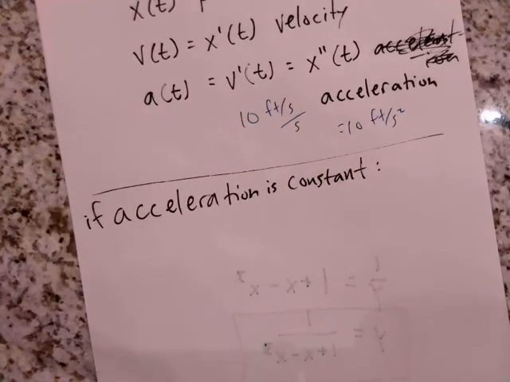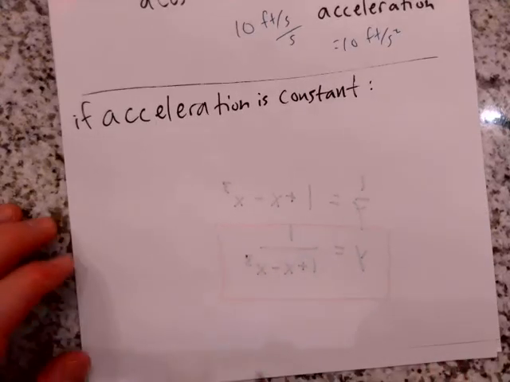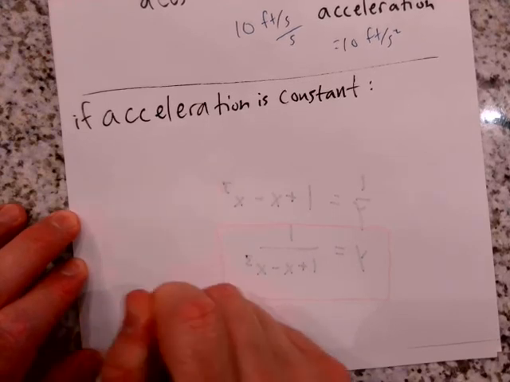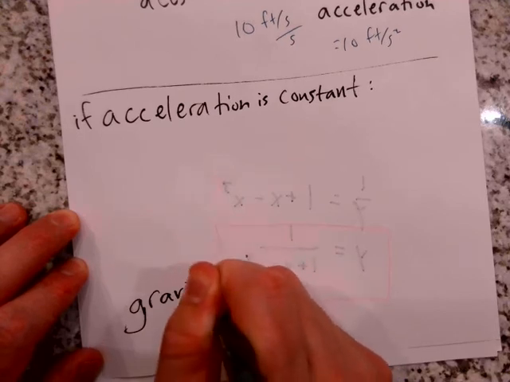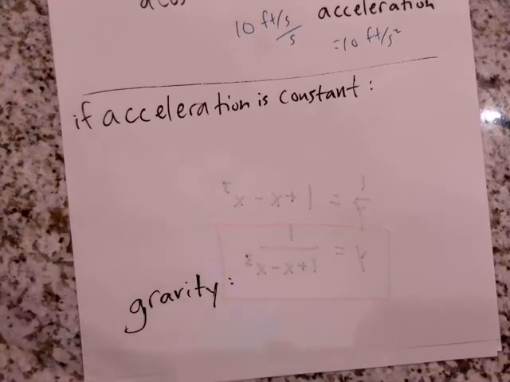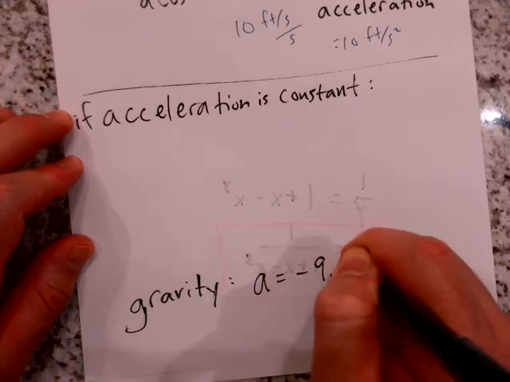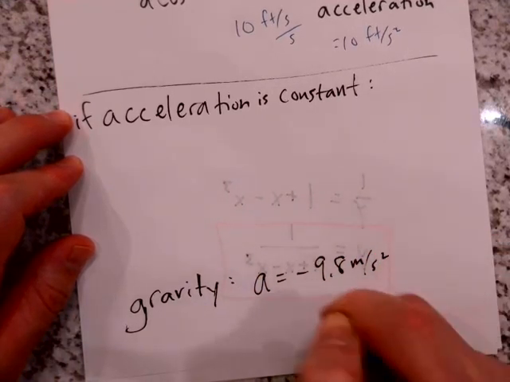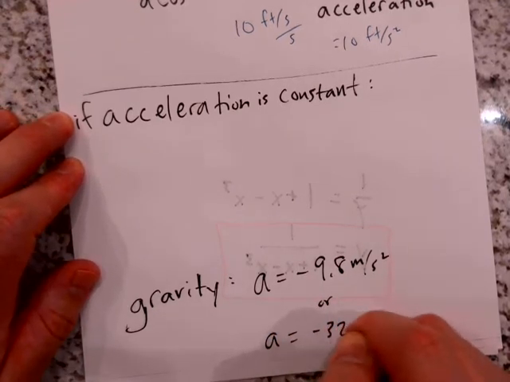An example of this, by the way, is cases where you have an object under the influence of gravity, where you're ignoring wind resistance, because gravity provides a constant acceleration to an object, as long as you're within a certain range of the Earth. So the acceleration due to gravity is negative 9.8 meters per second squared, or, if you prefer feet, which probably none of you do, negative 32 feet per second squared.